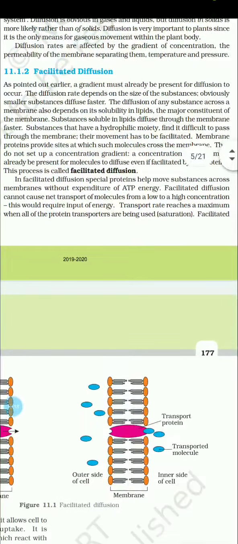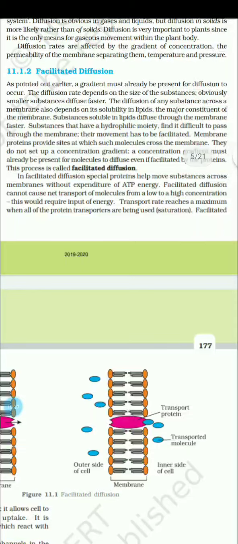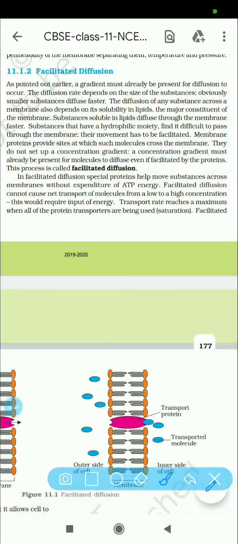Now the next part is about a type of diffusion which we call facilitated diffusion. So this mainly represents that a gradient must be there. First and foremost, it must have a concentration gradient.